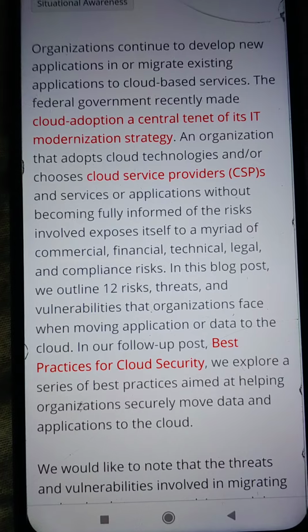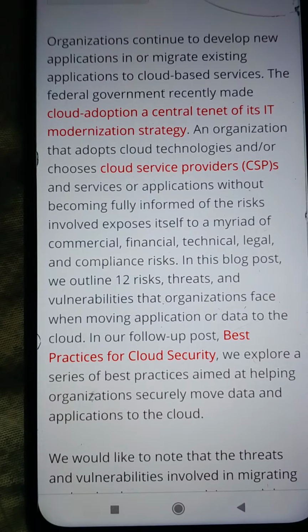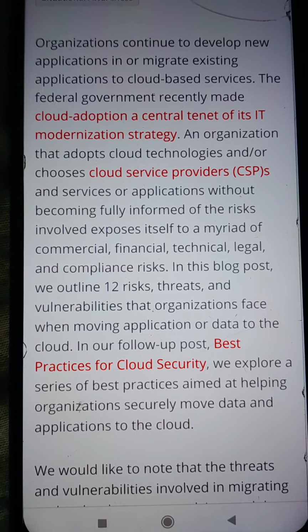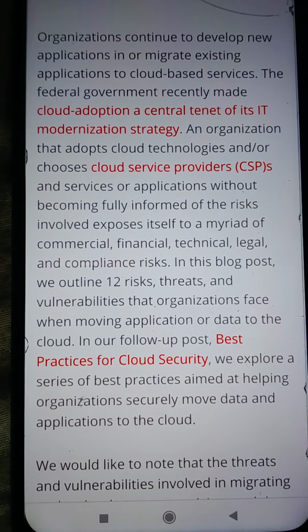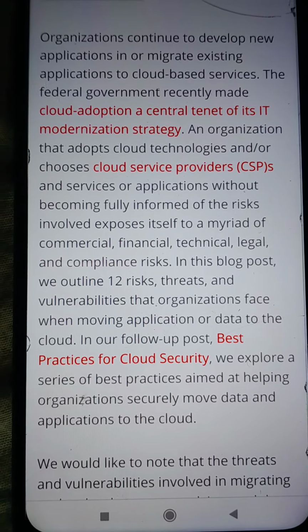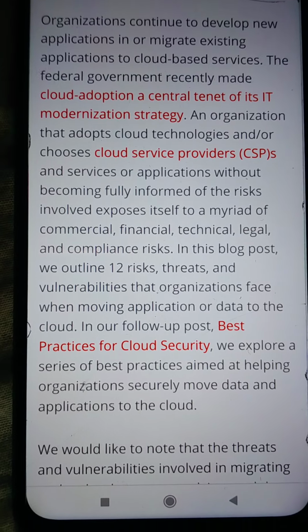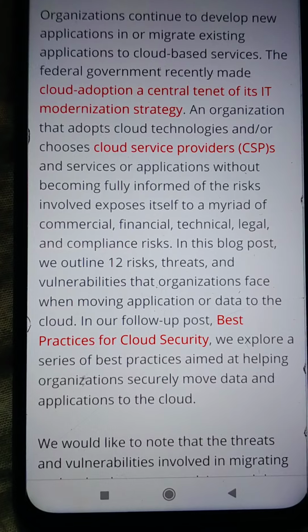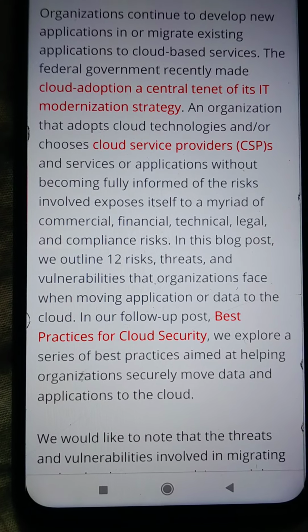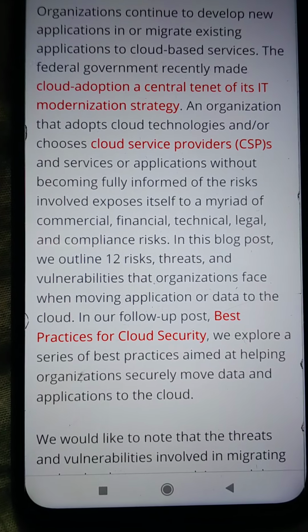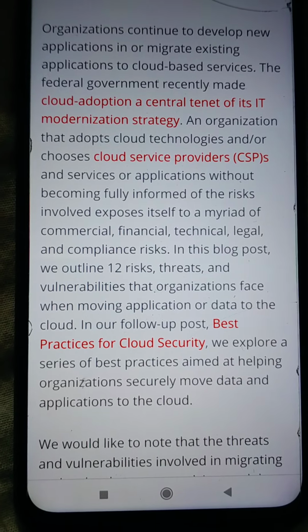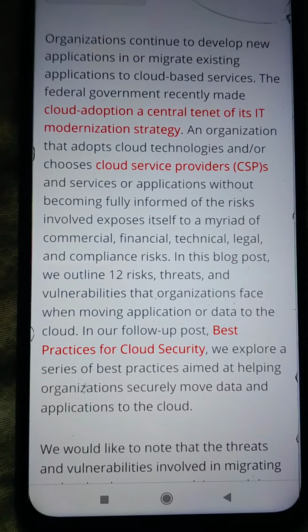In this blog post, we outline 12 risks, threats, and vulnerabilities that organizations face when moving applications or data to the cloud. In our follow-up post, best practices for cloud security, we explore a series of best practices aimed at helping organizations securely move data and applications to the cloud.